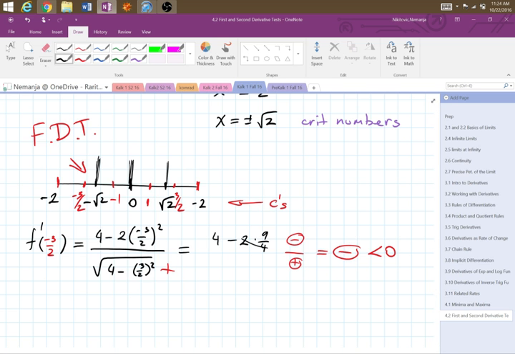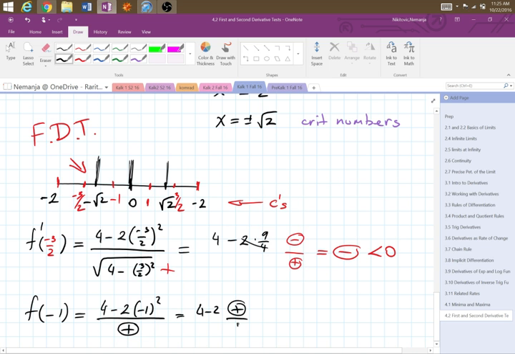Then we are repeating this calculation for the negative 1 test point. That's going to be 4 minus 2 times negative 1 squared divided by, you know what, I'm just going to put positive down there because we know the square root is going to be a positive value. We are getting 4 minus 2, which is positive, divided by another positive.